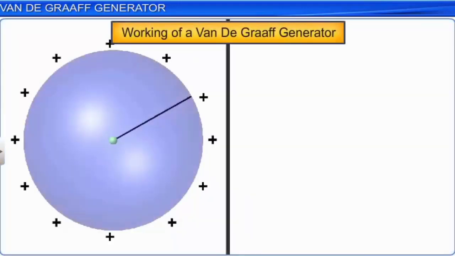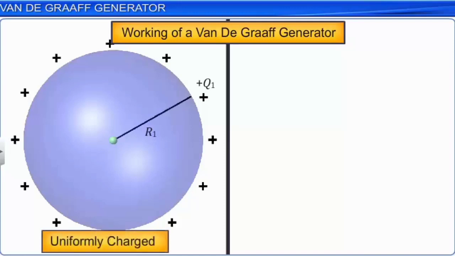To understand the principle behind the working of a Van der Graaf generator, let us consider a large conducting shell of radius r1 with a charge plus Q1 on it. This charge is uniformly spread over the conducting shell.